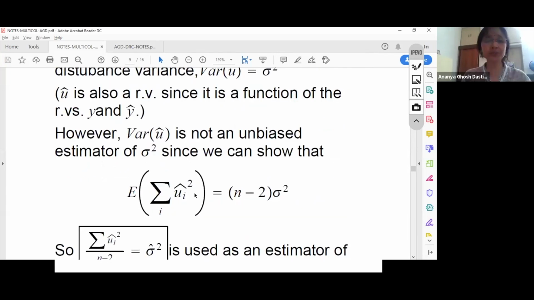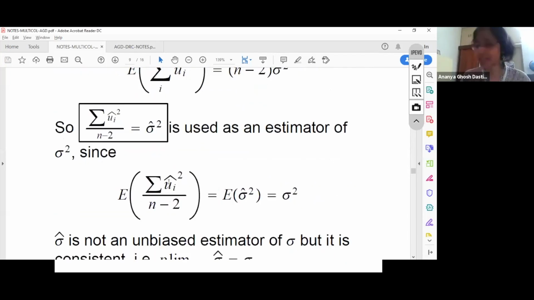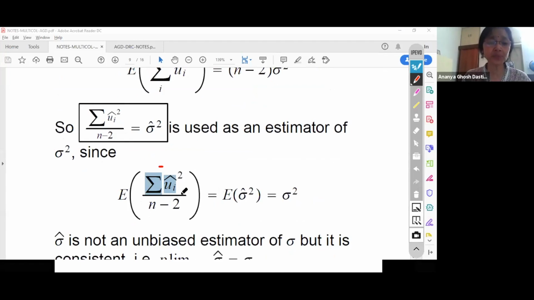All you need to do is take your residuals, square them, add them up, and divide by the degrees of freedom of your regression, and you have an unbiased estimator of sigma square.